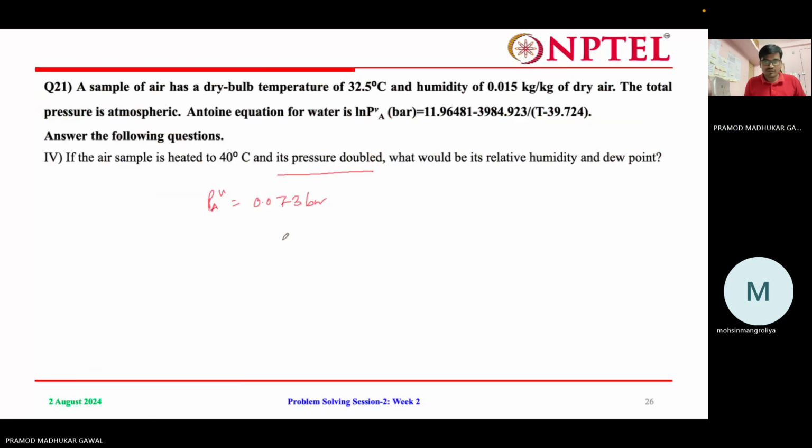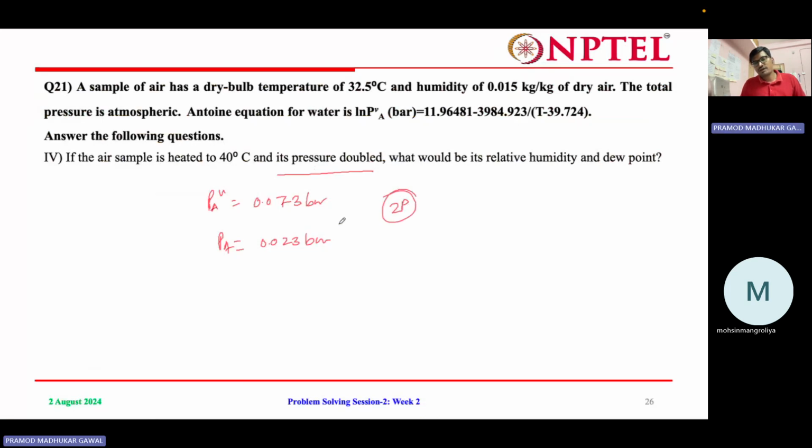Now we calculate, I think, first the partial pressure, 0.023 bar. Right. But in this question, we mentioned that pressure is double, means P is twice the pressure, right?